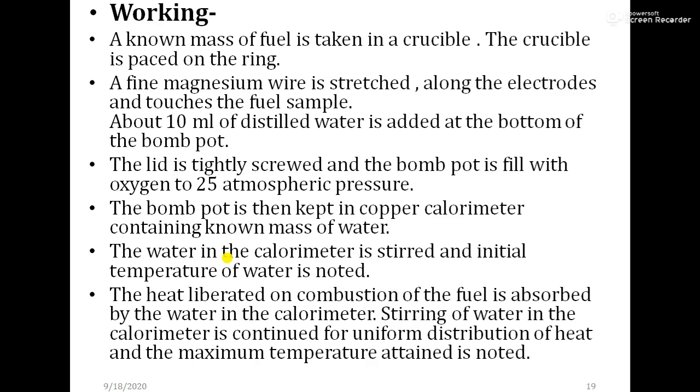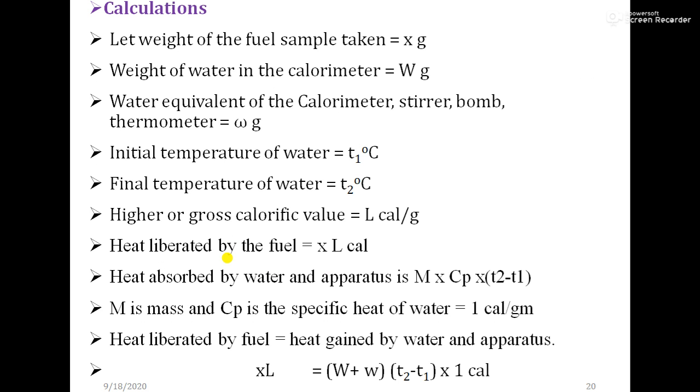Then calculation. You can see here, let the weight of the fuel sample taken be x gram, the weight of the water be W gram, and the water equivalent of calorimeter, stirrer, bomb and thermometer be omega. So what is water equivalent?